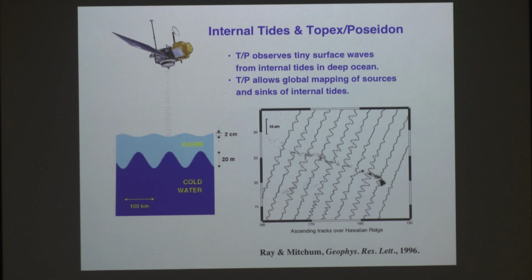If you look at the wavelengths, they're exactly what theory predicts the wavelength should be for a first mode baroclinic wave at the M2 frequency. Although in a place like right here, you can see half that, that's a mode 2 wave. And if you look at the phases, which I don't show here, they show propagation both north and south of the ridge, away from the ridge.